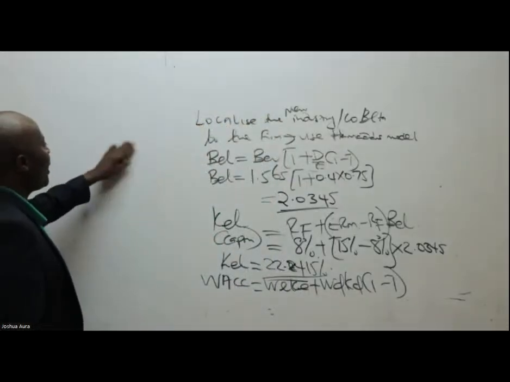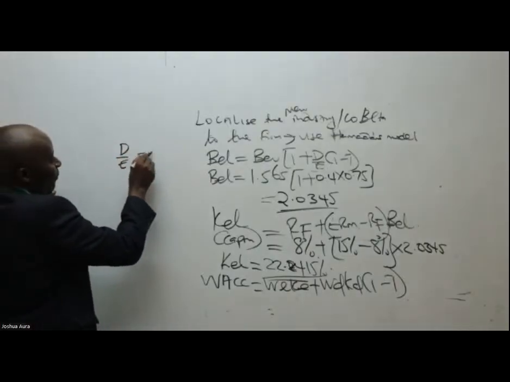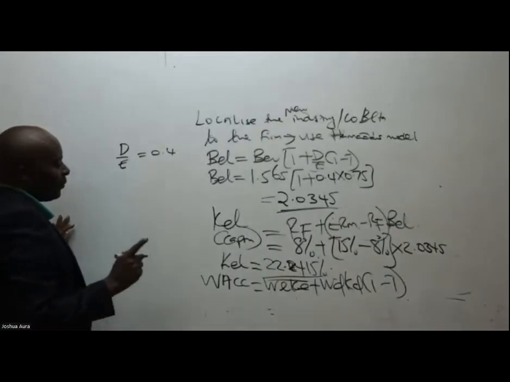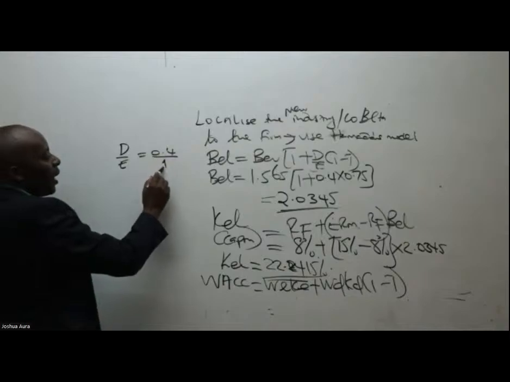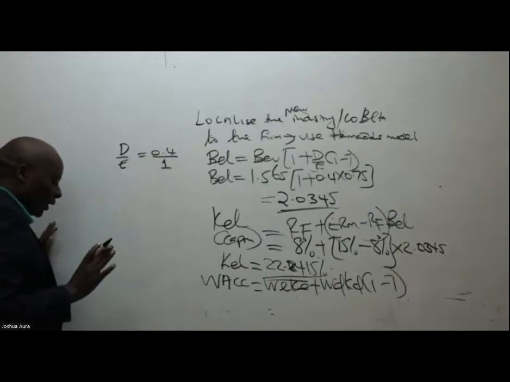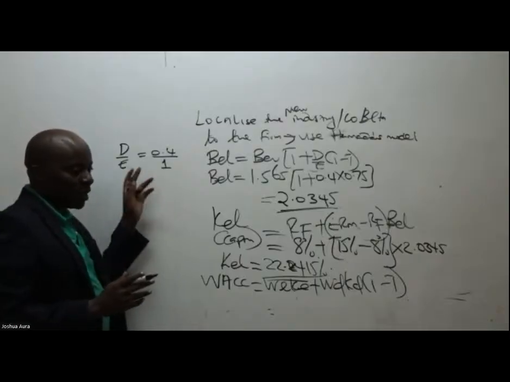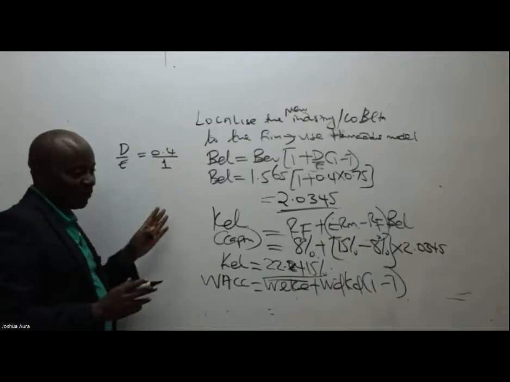When you're told that the debt to equity ratio is 0.4, you're supposed to know that this number has an implied quotient. All the numbers, wherever they sit, have an implied quotient, which is 1. You see, 0.4 divided by 1 is 0.4.